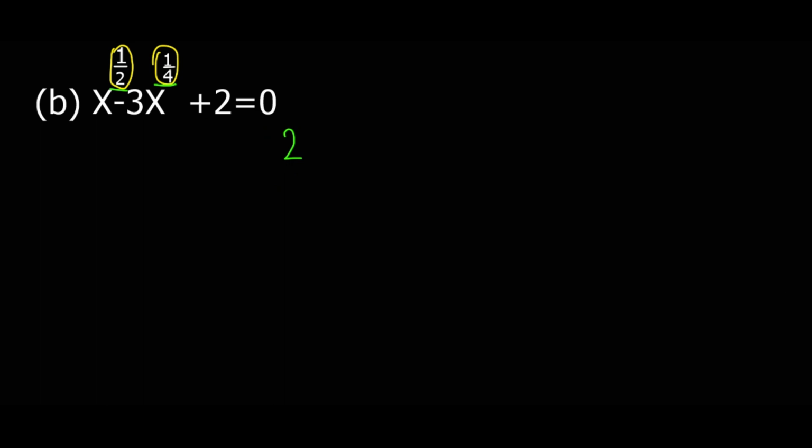If you're not sure which exponent is smaller and which is bigger, you can just take the calculator and press 1 over 2 and then convert to decimals, and then take 1 over 4 and convert to decimals, and then from there you will see which exponent is smaller and which is bigger. So from there you take the bigger one and divide by the smaller one, and it should give you 2.